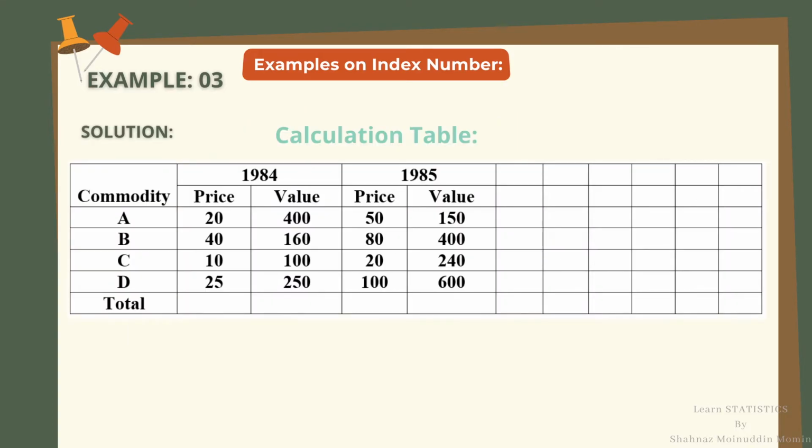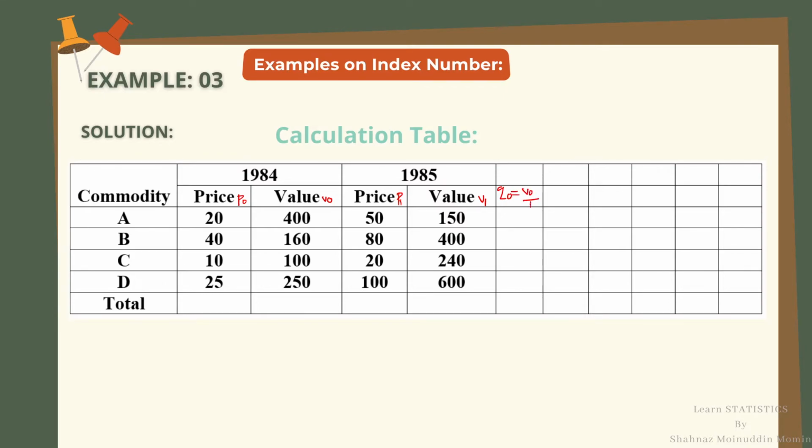So we shall prepare a calculation table. Here we are given this is P0, V0 value, P1 and V1. Now we shall obtain quantity Q0. How is it?